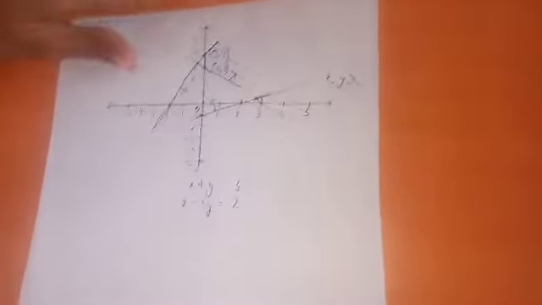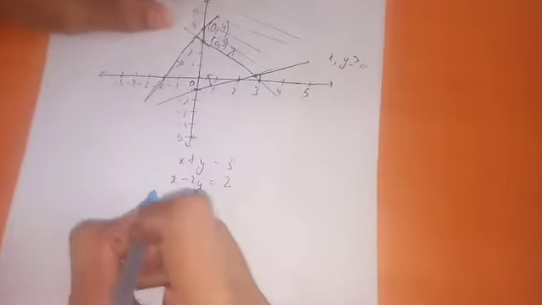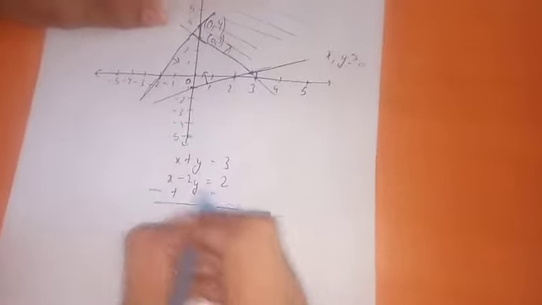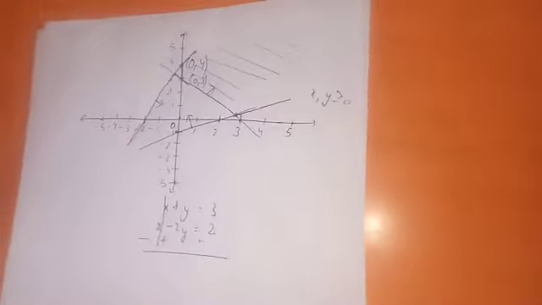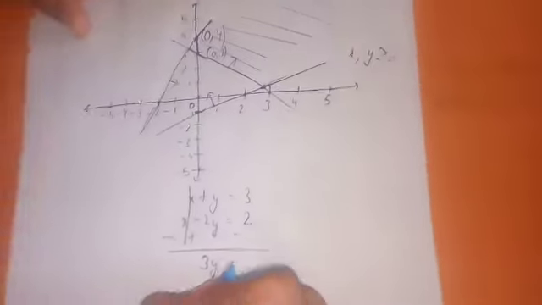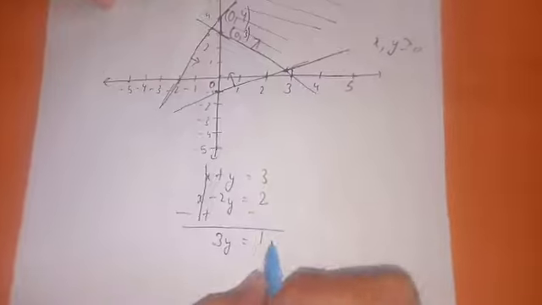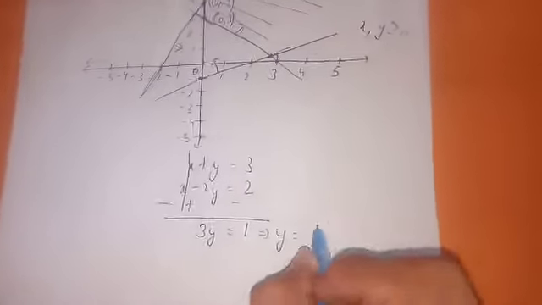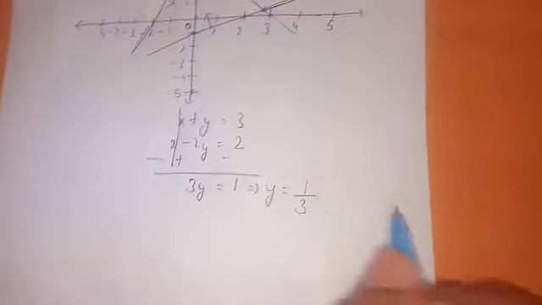Okay, now if I subtract this second equation from first, I will get this. One of our variables is cancelled, so we can easily find the value of y, and through that value of y we will find the value of x. So I got 3y is equal to 1. y is equal to 1 by 3.